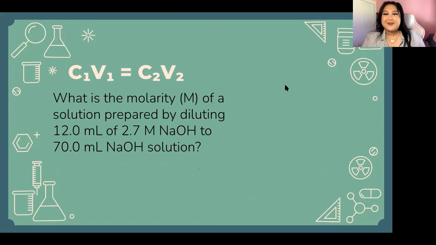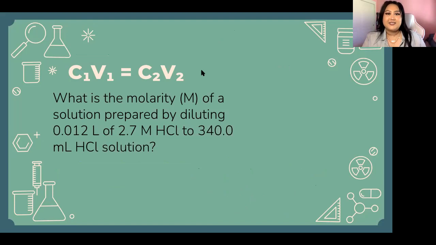So we're almost done. Okay, so what's the molarity of a solution prepared by diluting 0.012 liters of a 2.7 molarity HCl solution to a 340 milliliter HCl solution? So same thing here. Do we want to use liters or milliliters?